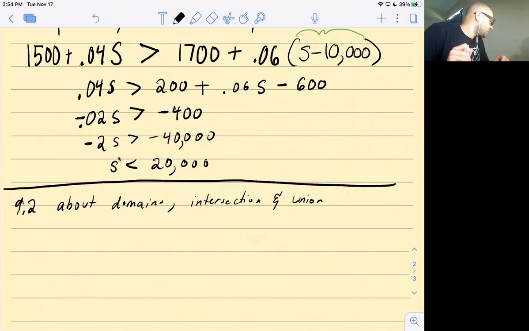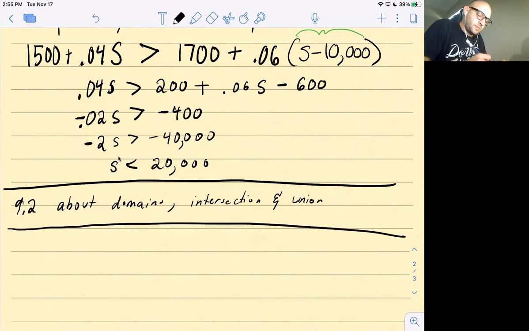So now let's look at some absolute value equations. So this is 9.3.